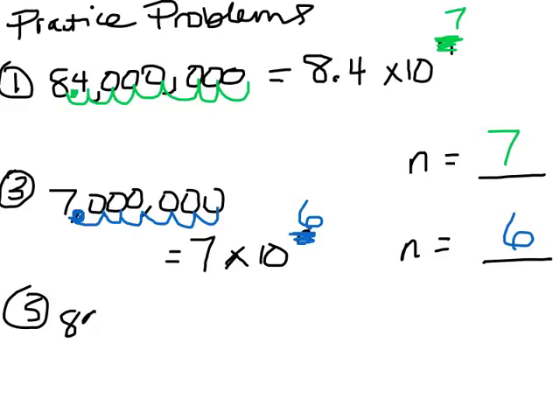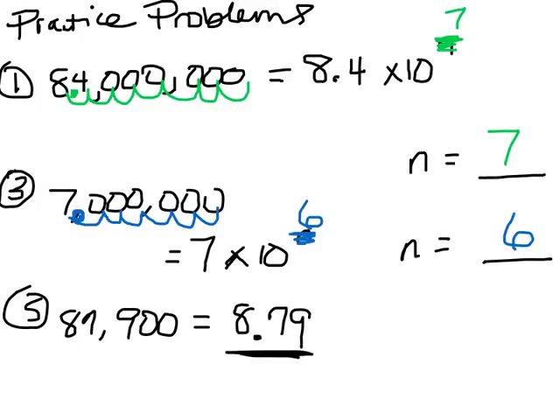Okay, 87,900. If you've got a lot of different numbers up here, remember you only want one number to the left of the decimal, so you would write 8.79. You basically chop the zeros off the end when you write this part of the number. Now, if I moved the decimal place right here, that's not equal to what I started with.